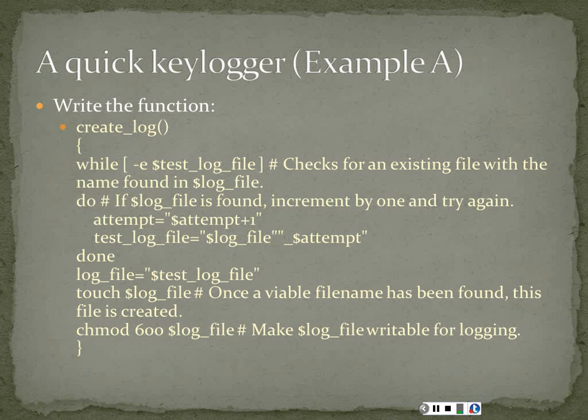But once the log file is written, you want to move it or change the perms over to 600. So there's a little bit more stuff you need to do in here once you've trapped it. All right? So chmod 600 will make it so that only root can read it and write to it, after you've got a good file name.